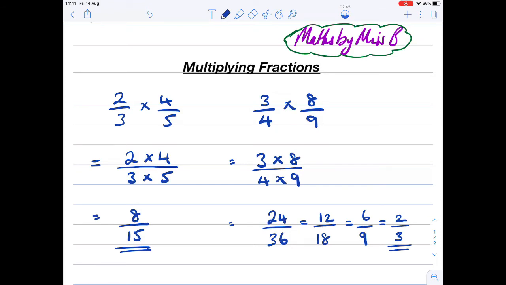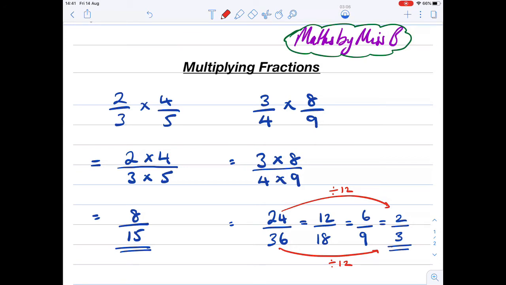Now what you could have done is gone straight to the lowest term, I should say, by dividing top and bottom by 12. So if you can spot that, you can go to writing the fraction in its lowest form.